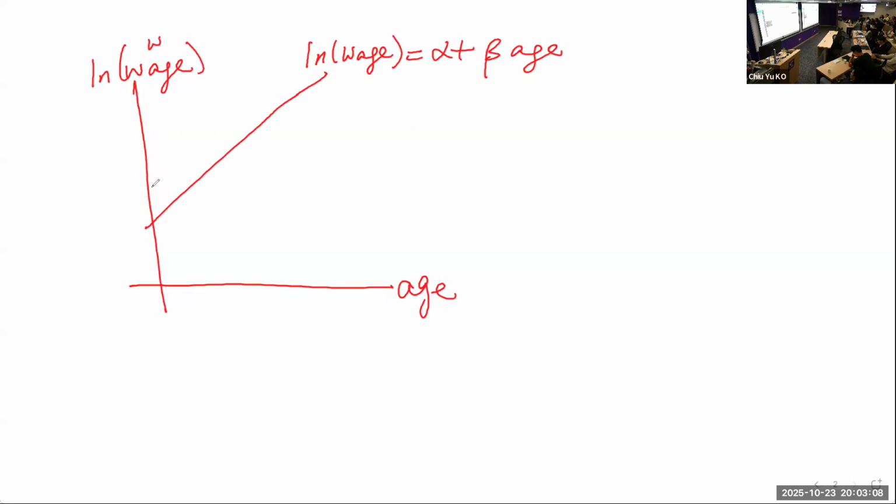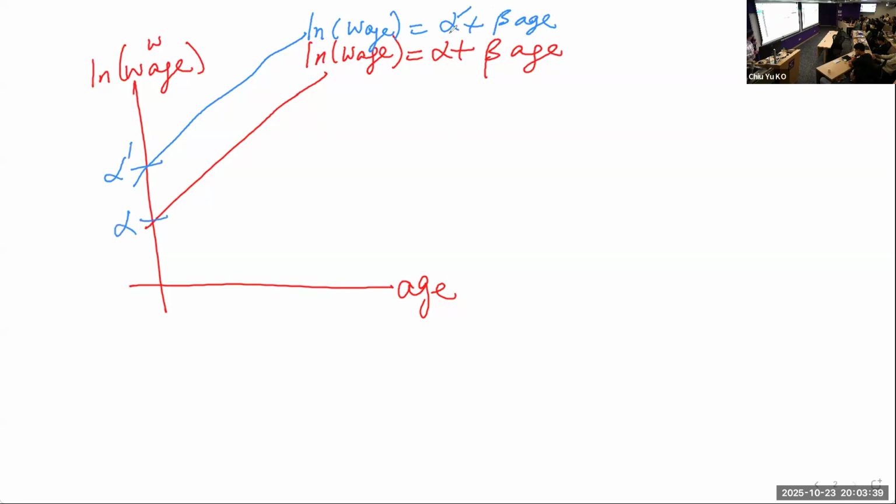Log wage is alpha plus beta age, and this one is alpha prime, and this is alpha.